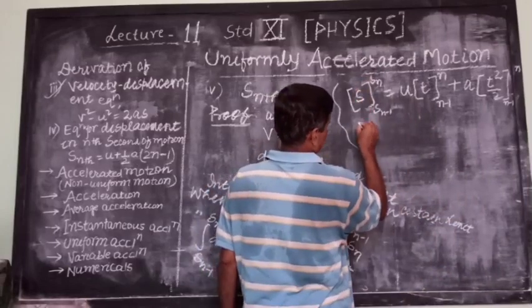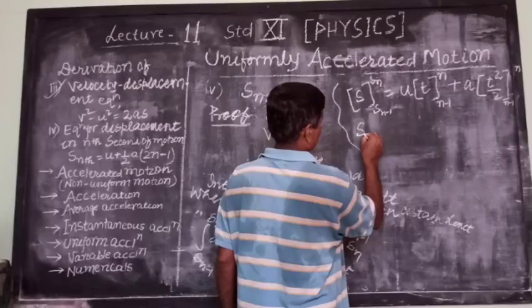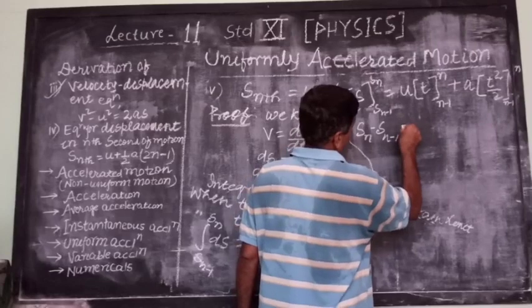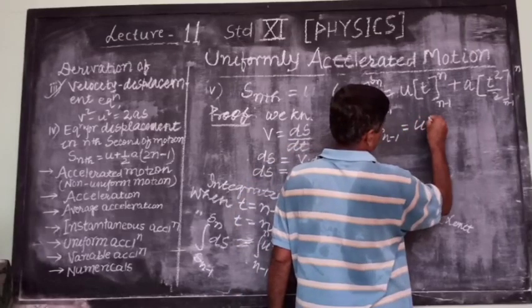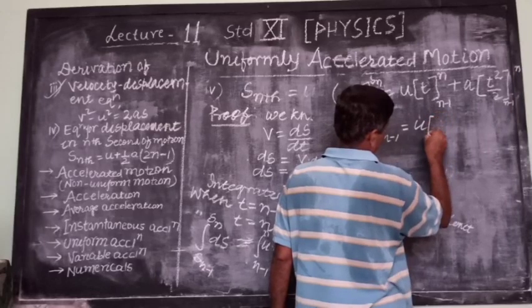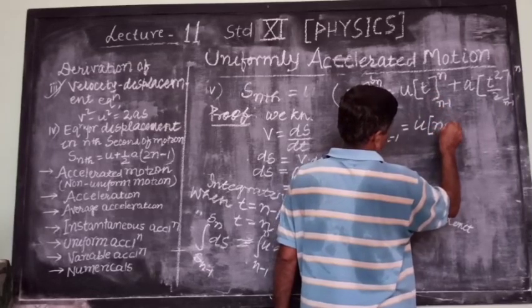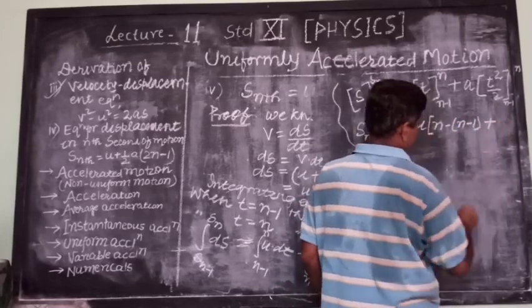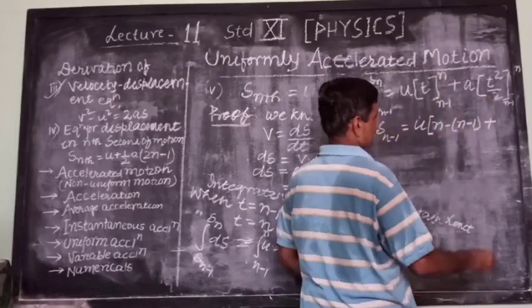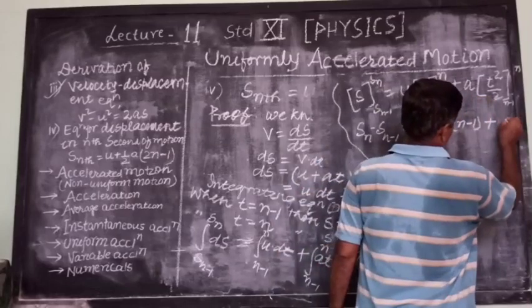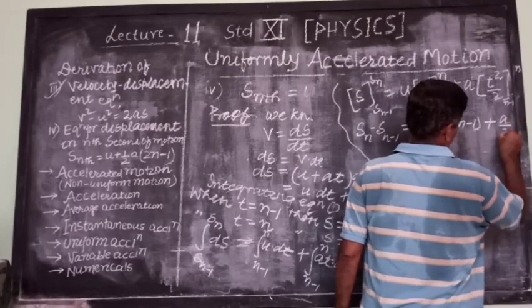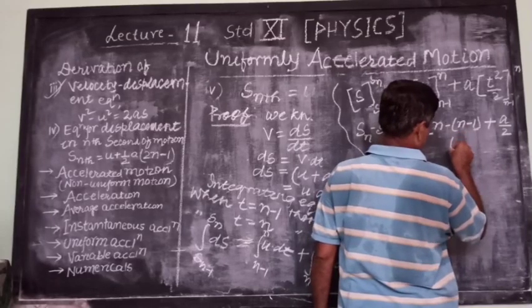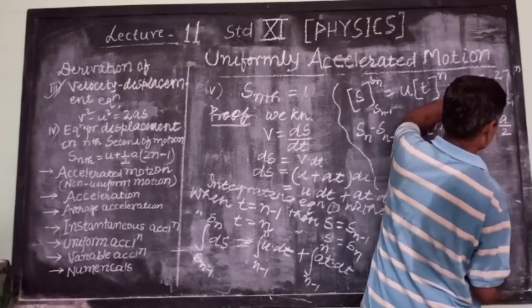This will be Sn minus s n minus 1. Here u times, this will be n minus 1, plus this 2 will be taken here. We can write a by 2. This will be t square only.